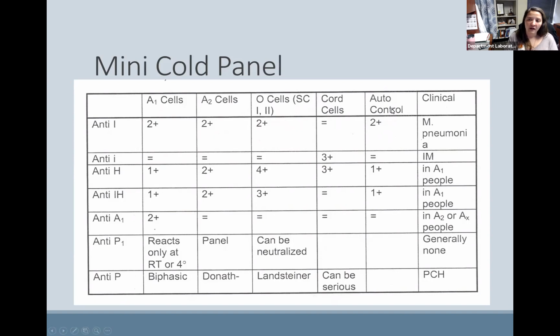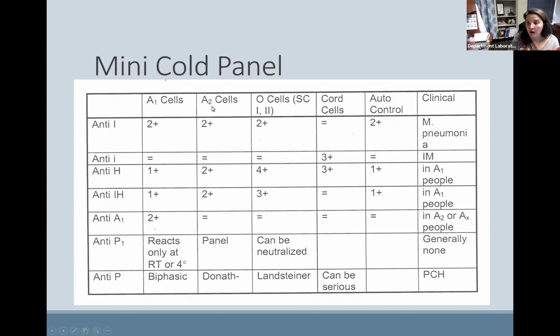And so something you guys need to be aware of, differentiating anti-big I from anti-H and anti-IH is usually not clinically necessary. However, if your lab wants to take it a step further to identify what exactly antibody is reacting, then you would want to include the A1 cells and the A2 cells.